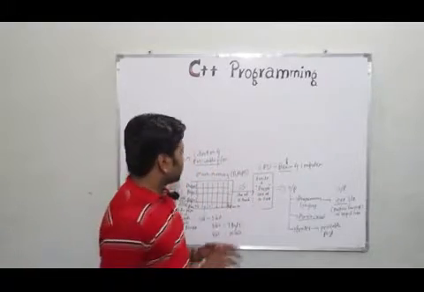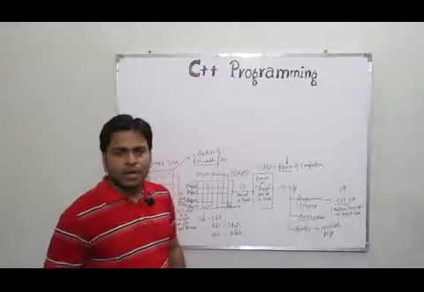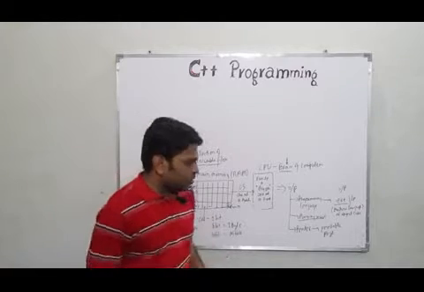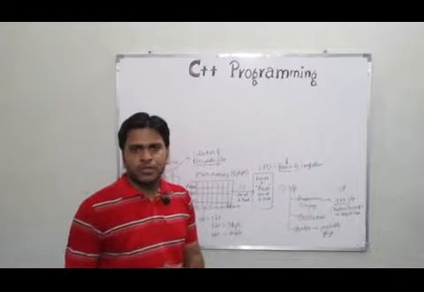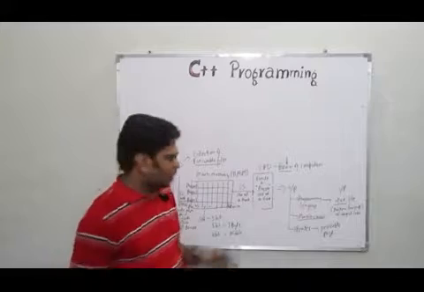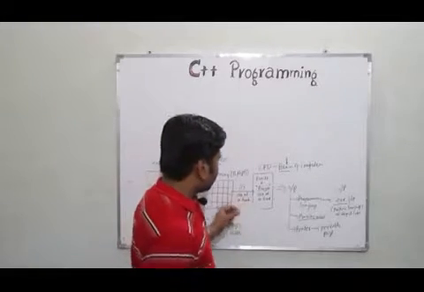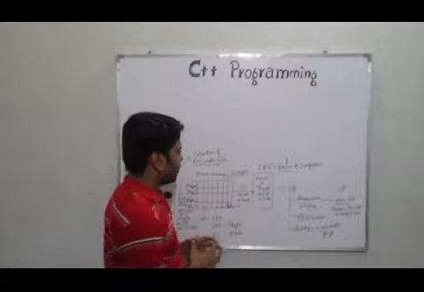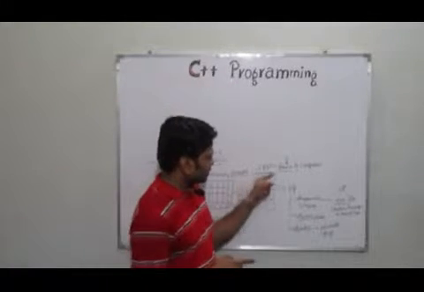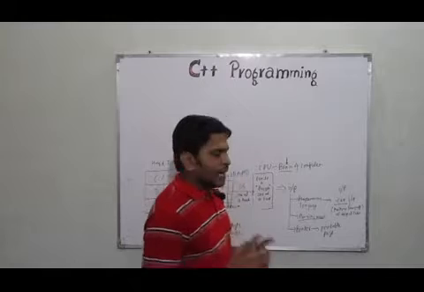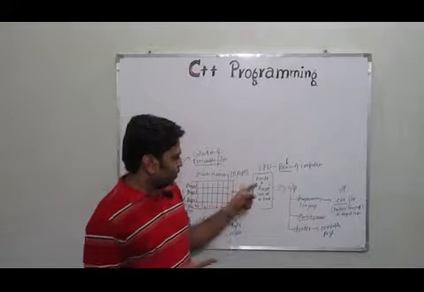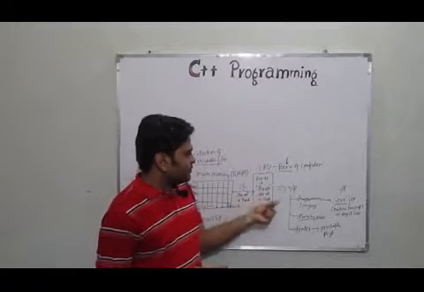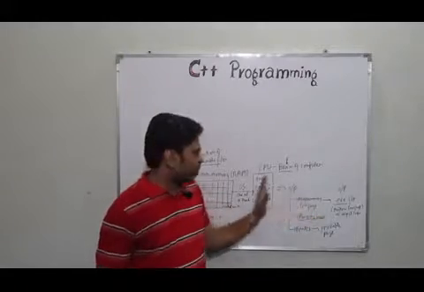In my last lecture, I had discussed the basic computer architecture, whose knowledge is very important when we are proceeding to learn C++ programming. In this architecture, the most important component is the CPU, because it is considered the brain of the computer. The CPU is used to execute a process to give the output you desire from it.